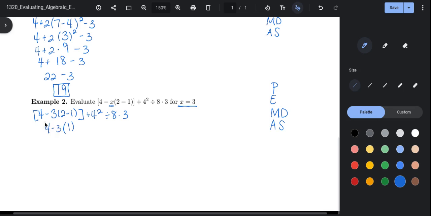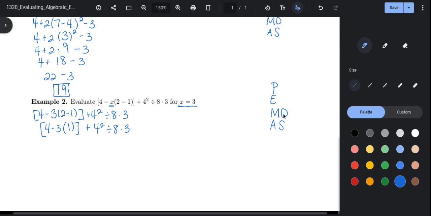And copy everything else in our expression. And then we have that we are subtracting and multiplying in our brackets. So just like we would do our order of operations outside of our parentheses, we're going to do the same thing, but inside of them to get rid of those brackets first.